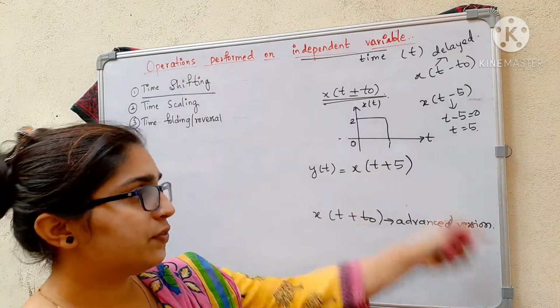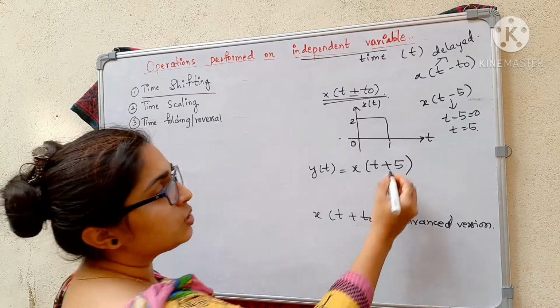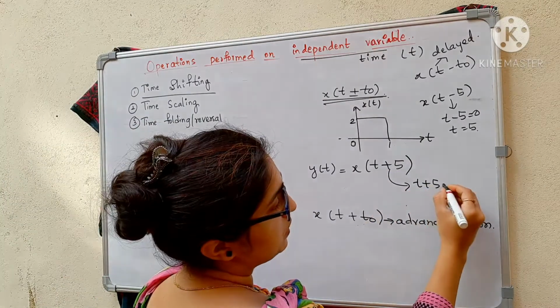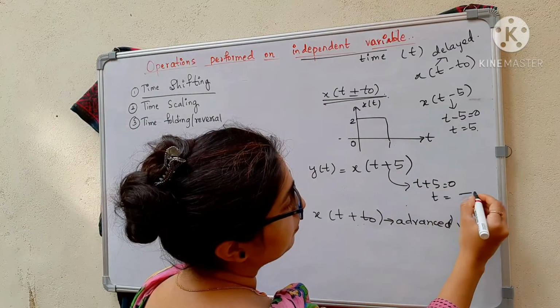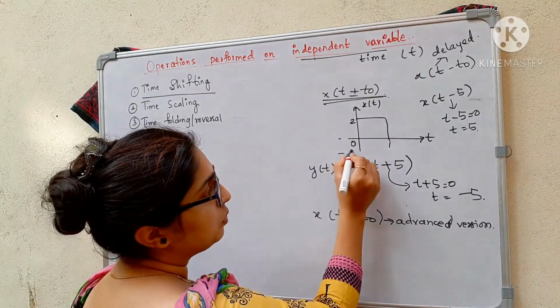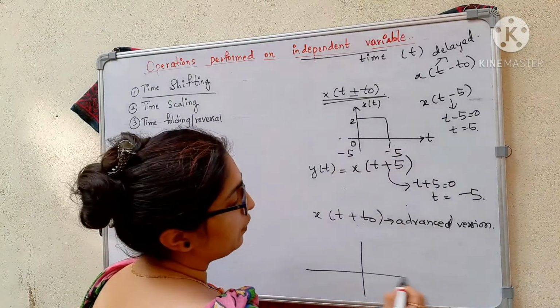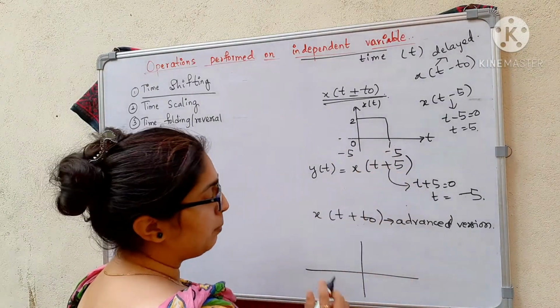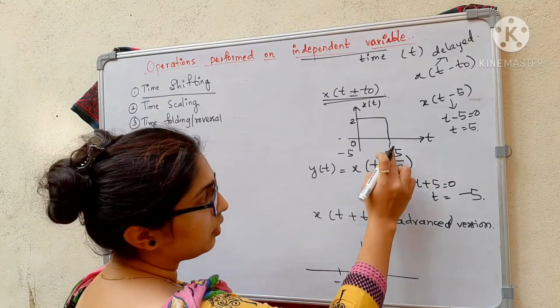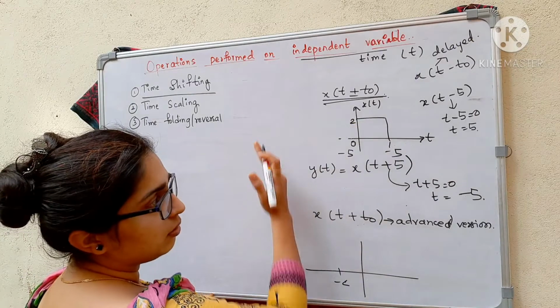Obviously this will be the advanced version. t plus 5 equal to 0 means t equal to minus 5. Add that to 0 and 1: 0 minus 5, 1 minus 5. So it will be minus 5 to minus 4, coming to this side.